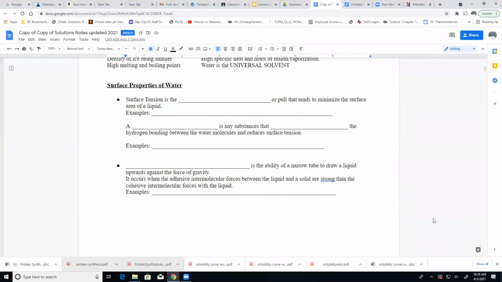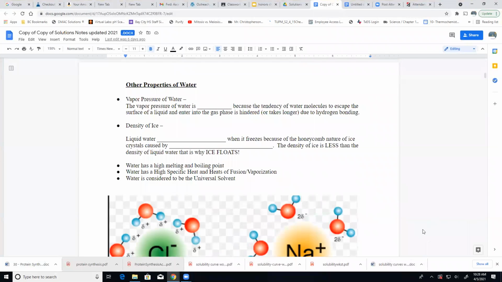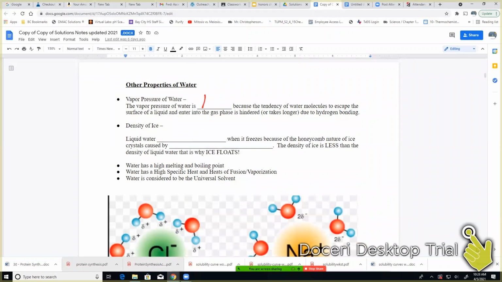All righty. Few other properties of water that have to do with hydrogen bonding: low vapor pressure. And vapor pressure is the tendency of water to change from a liquid to a gas, and that doesn't happen very quickly. It has to get to be a pretty high temperature for that to happen with water.